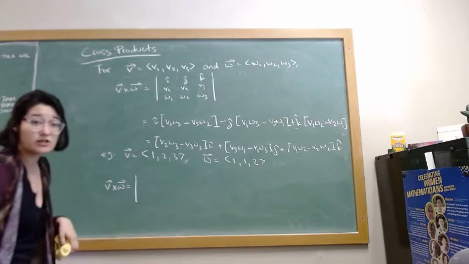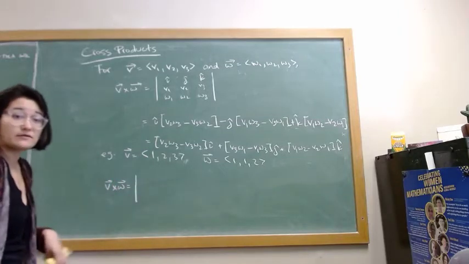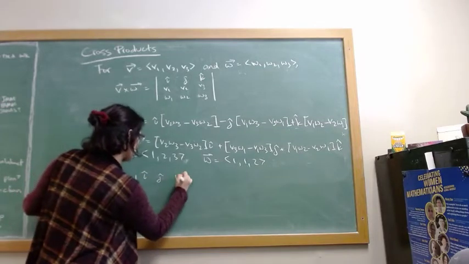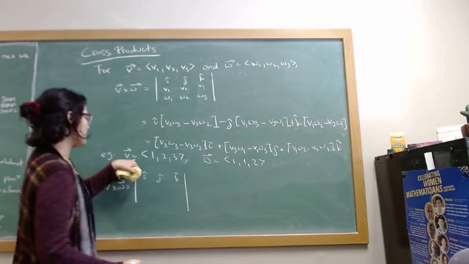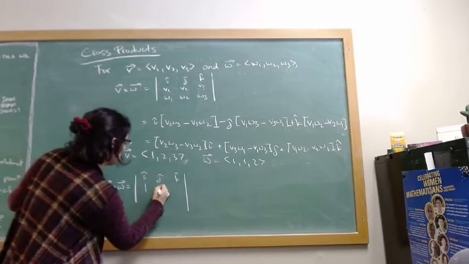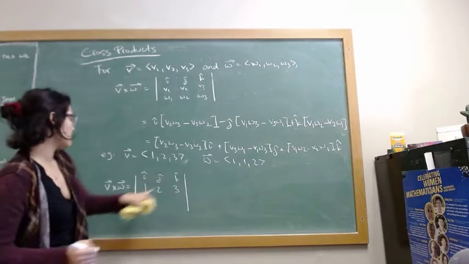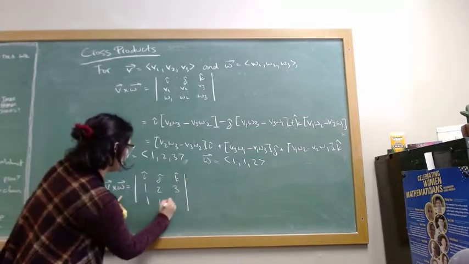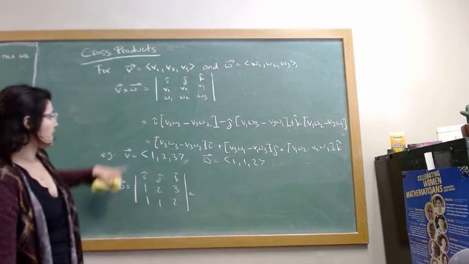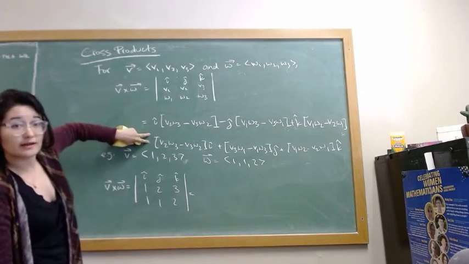I'm going to use the determinant, but if you prefer the formula, go ahead and follow along, do it your way. I'm going to put my v vector first because I want v cross w, so I'll do 1, 2, 3, and then my w because it comes second, 1, 1, 2. And then I'll just start taking my determinants. Again, at this step, you could go ahead and plug in these numbers.